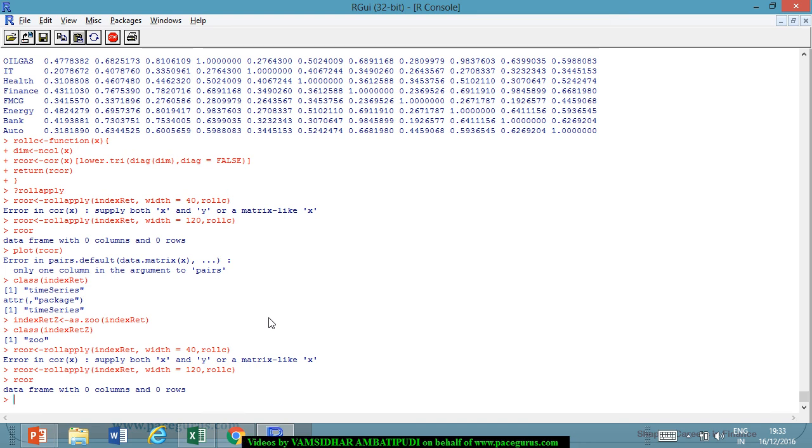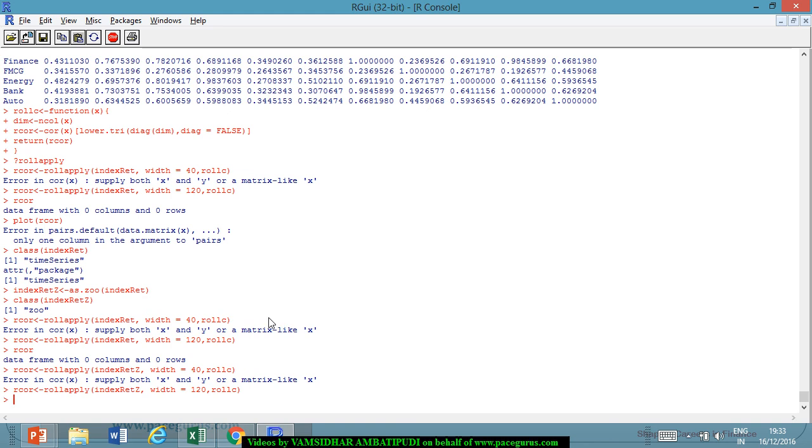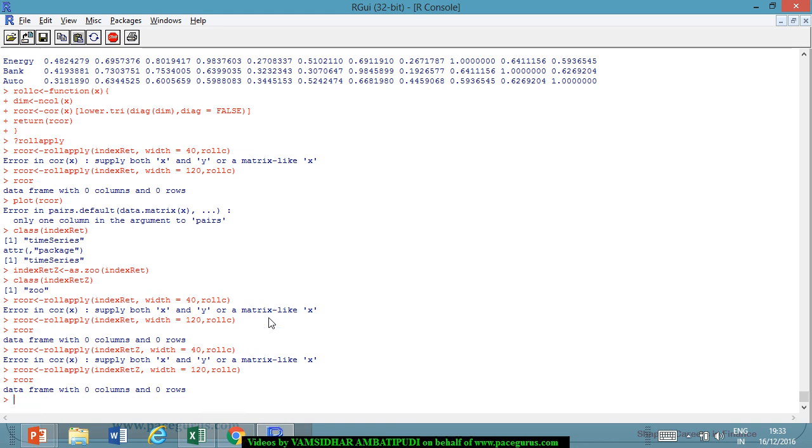So you can try right from the beginning, creating it as a zoo object, and based on that, going ahead in terms of using this roll apply kind of function on the index red z. Let me try this. rcor, roll apply, index red z, and if I am going with 40, it's not coming.